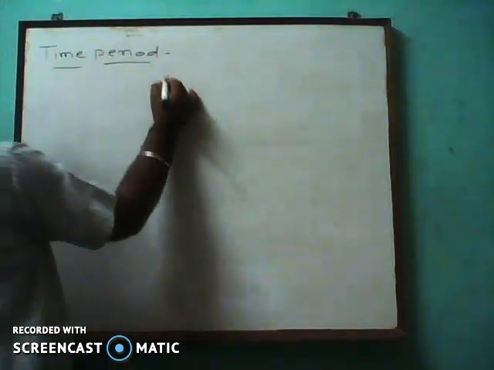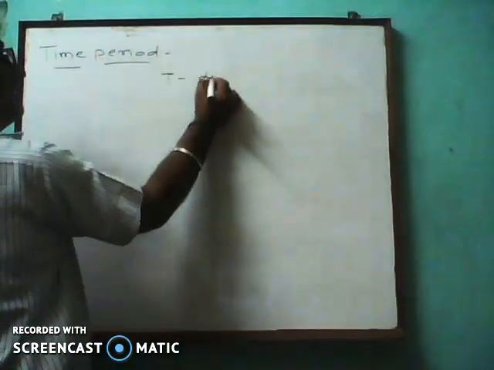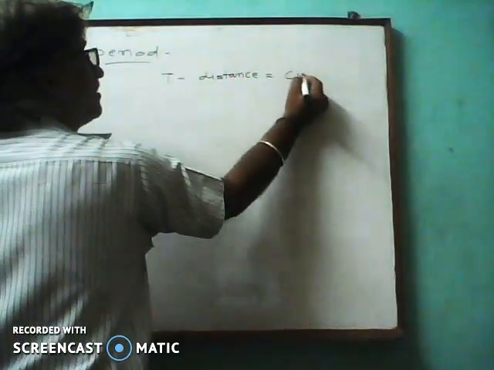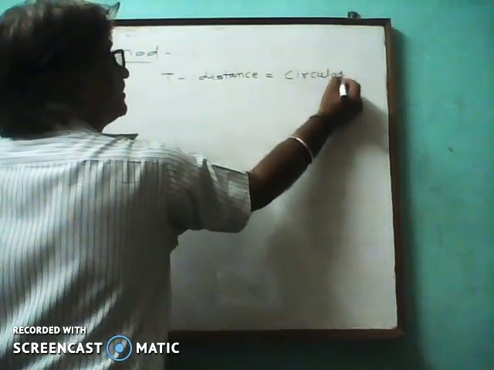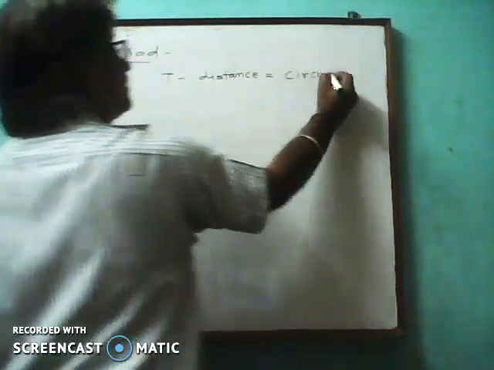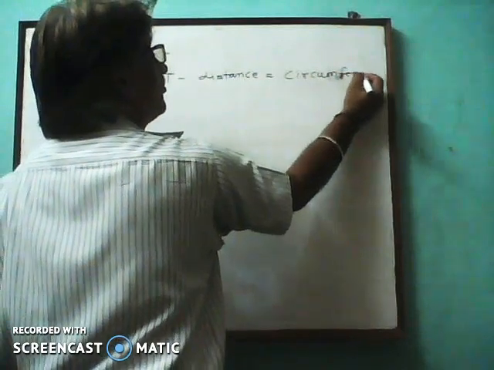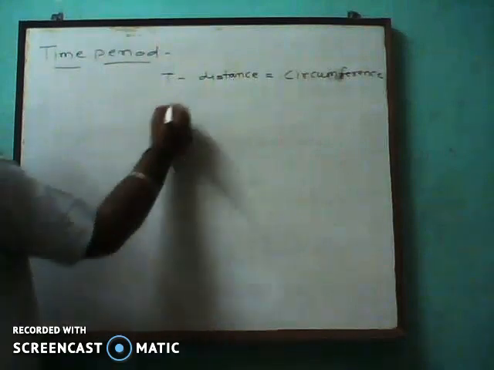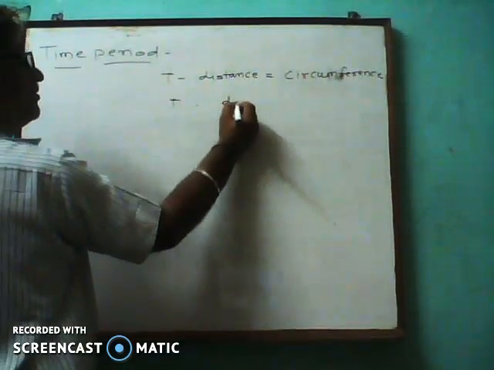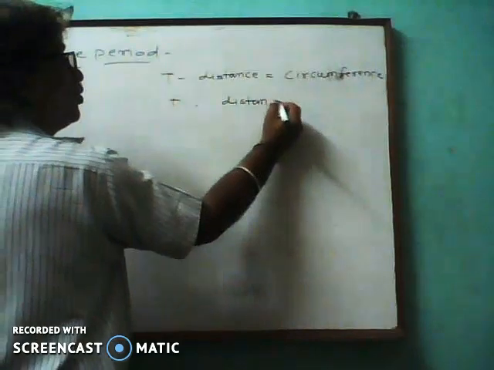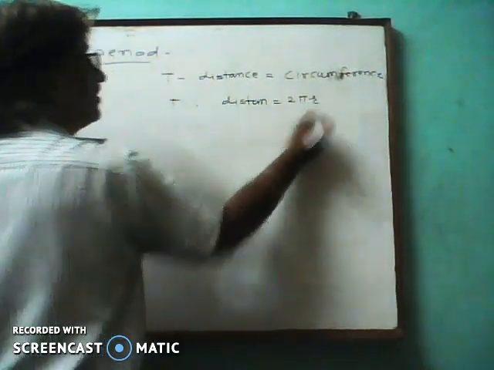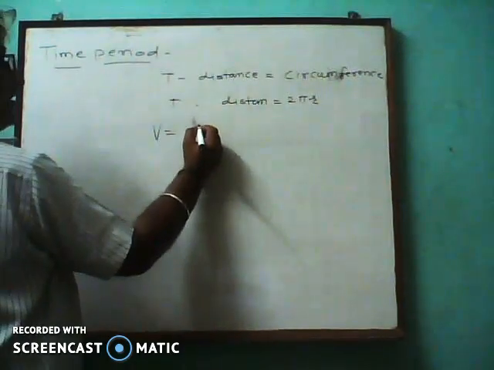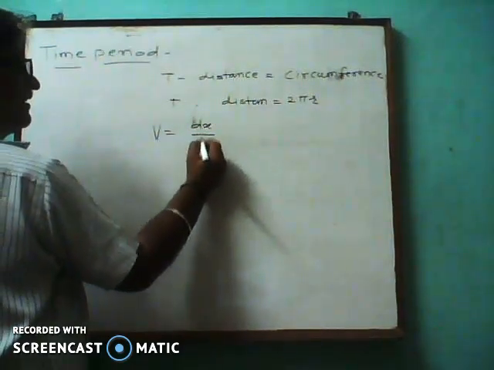In time T, the object can cover a distance equal to the circumference for circular motion. Hence, in time T, distance is equal to 2 pi r. We know linear velocity v is equal to dx upon dt.